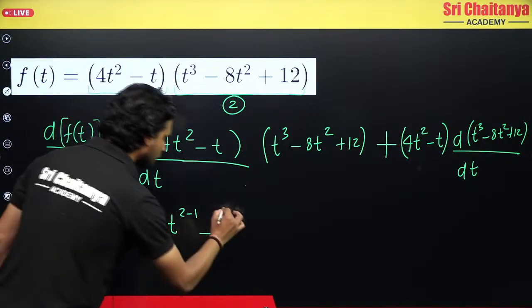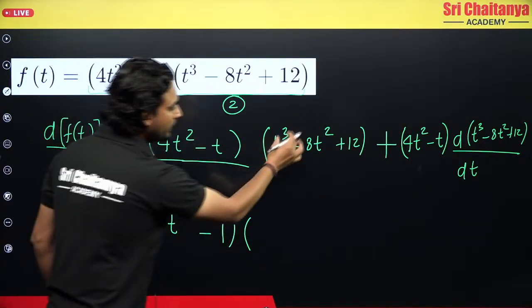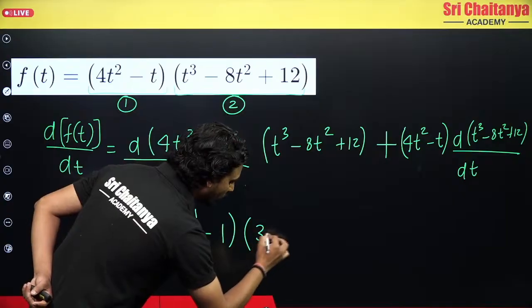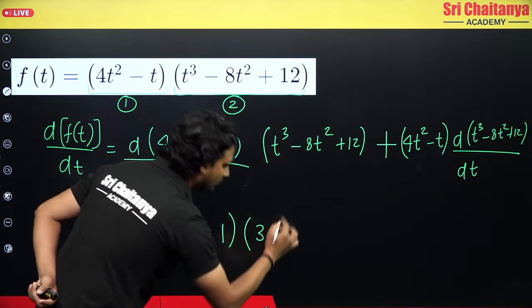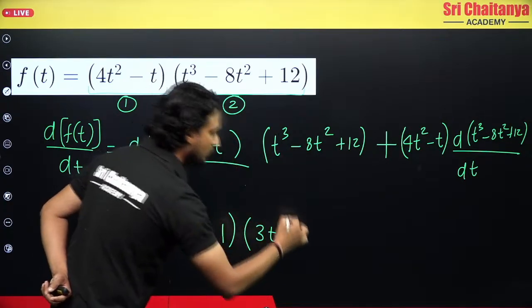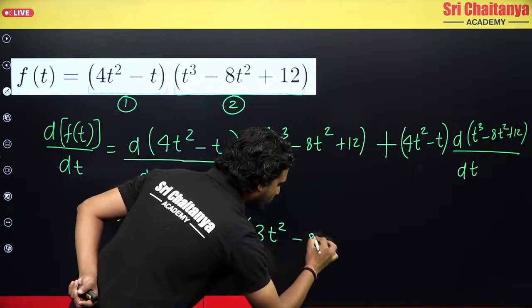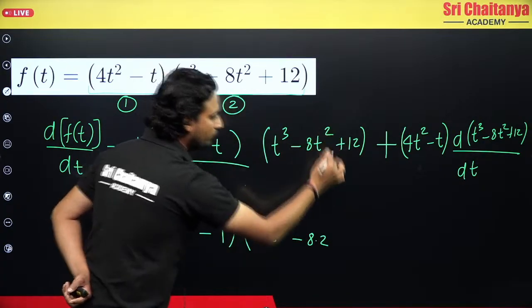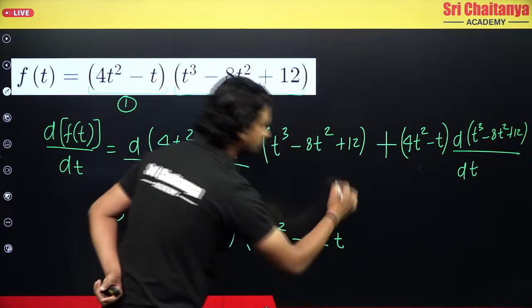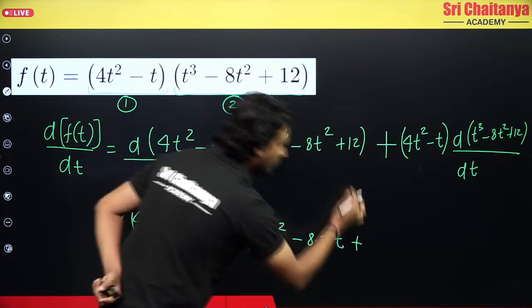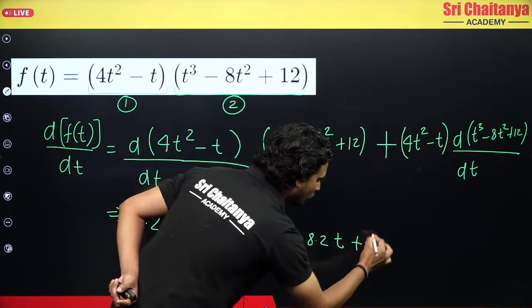Into what do I have here? I have t cube, so this power 3 will come forward, and I will subtract 1 from this power, so 3 minus 1, 2. Minus, this 2 will come forward, so 8 into 2, and I will subtract 1 from this power, so this will become t. Plus, 12 is some constant, so differentiation of constant is 0.